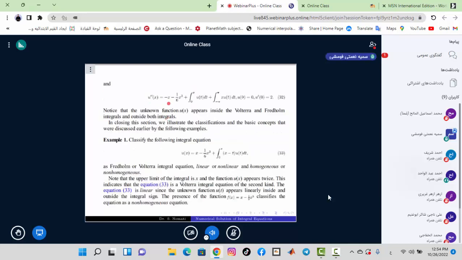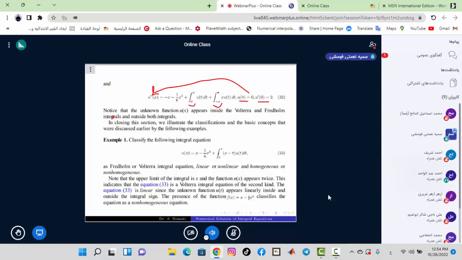In the second example, we have the second order derivative of the unknown function u, the Volterra part, the Fredholm part, and two initial conditions according to the order of the derivative, which makes this integral differential equation complete.